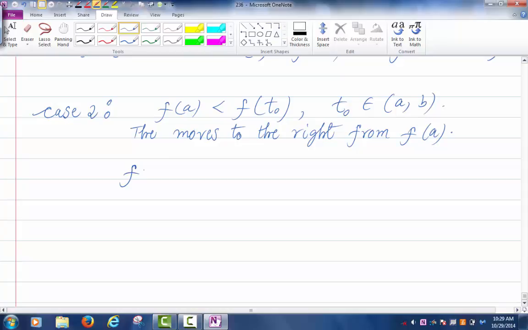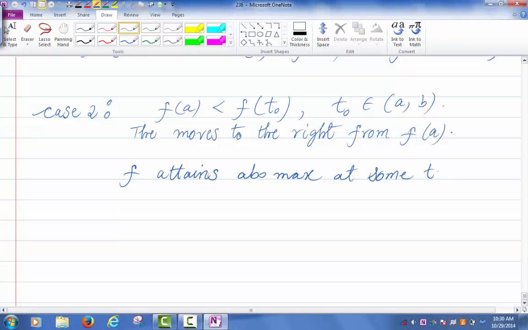So in this case, f, the position function, attains an absolute maximum at some time c in that interval.